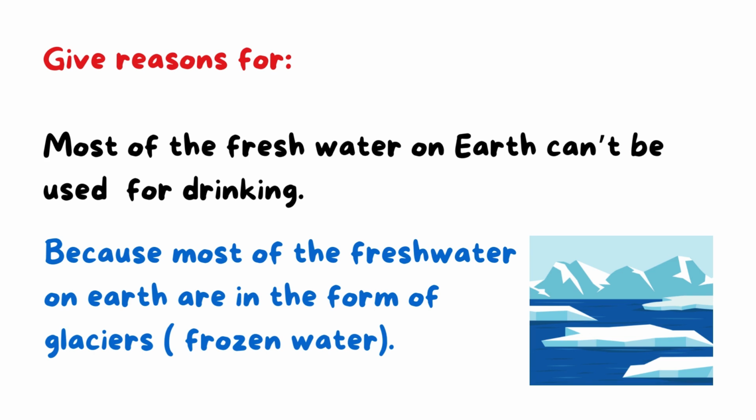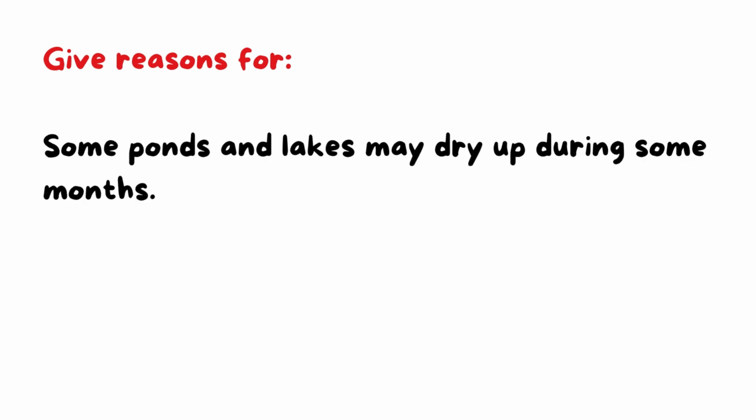So the answer here: because most of the fresh water on Earth is in the form of glaciers, the frozen water, okay. You can write frozen water or glaciers, okay. So let us move to the other question here.